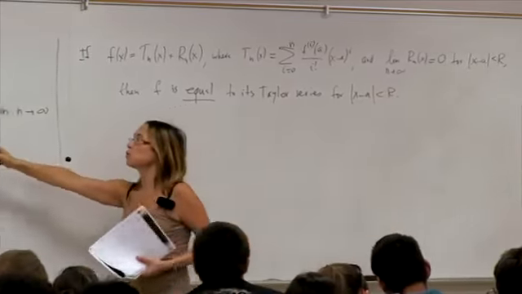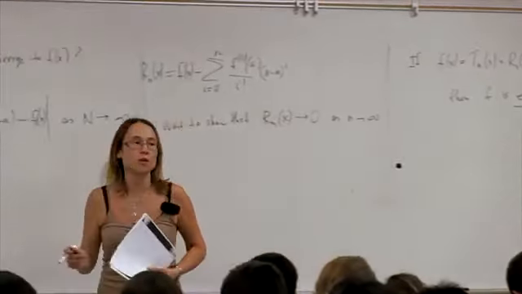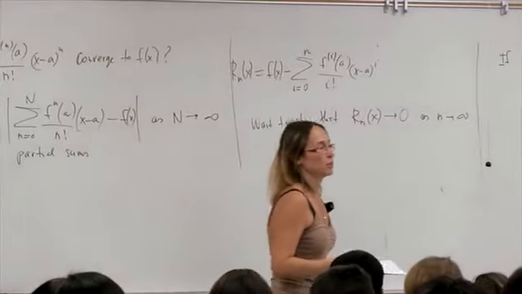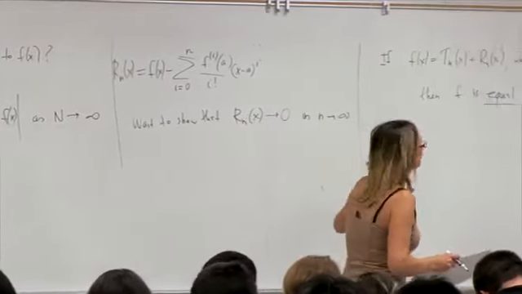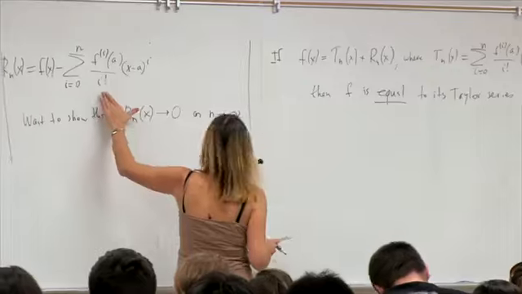So basically, if we can show that the remainder goes to 0, then f is equal to its power series representation. So we have to somehow get a handle on this remainder.